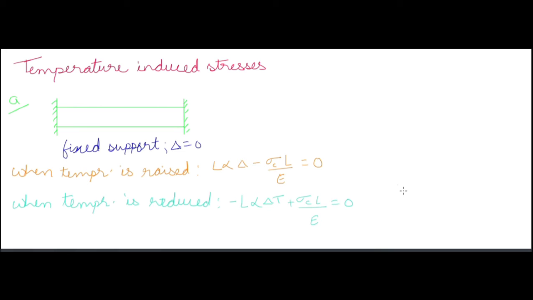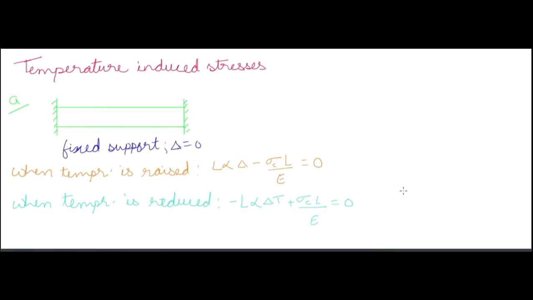So when temperature is increased, L alpha delta T minus sigma C L by E is equal to 0. The elongation due to temperature change is L alpha delta T, and the compression is happening due to induced stresses. L is the length of the bar, E is the modulus of elasticity.